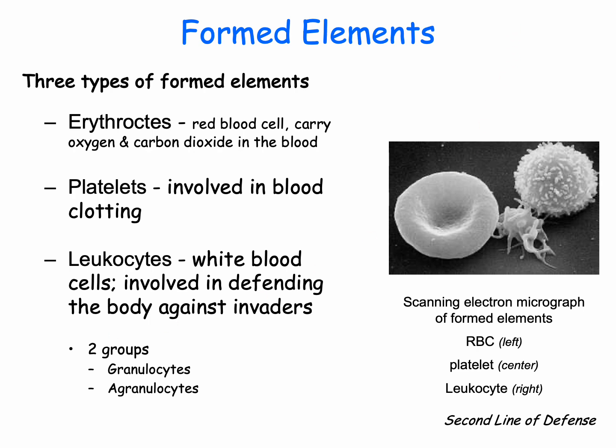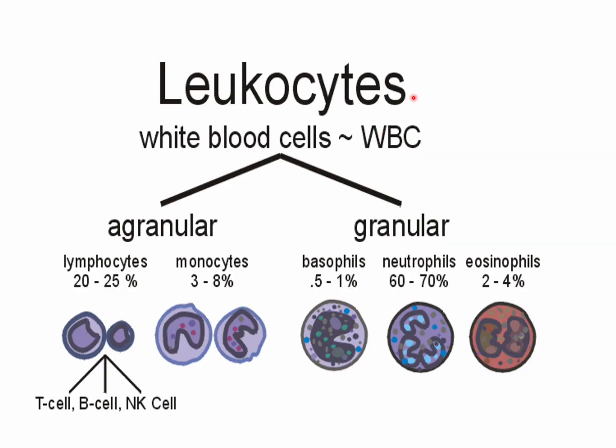So leukocytes, or white blood cells, WBC, are divided into these two major groups. We have agranular and granular. And I'm not going to ask you too much about these two groups. I just want you to be aware that it's one way of grouping them. Really, they are given this definition based on what they look like under the microscope.